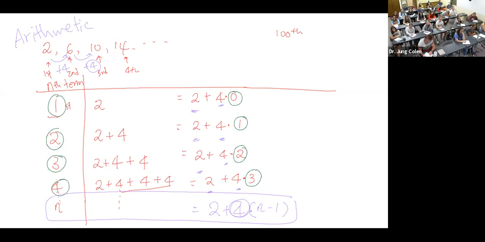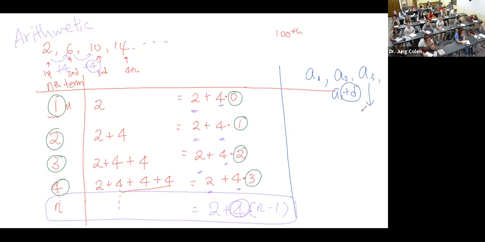So we can generalize the arithmetic term like this. For any first term, a sub 1 means the first term in the arithmetic sequence. The second number is a sub 2, then a sub 3, right? So a sub 2 is the first number plus the changing number. You keep adding d. It may seem confusing, but actually it's not, because we keep adding d to the previous term.